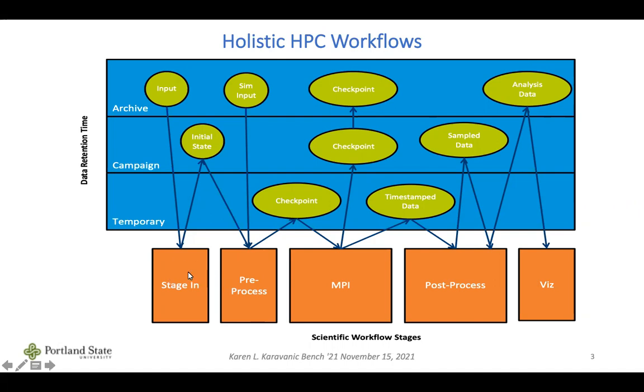The orange-brown boxes at the bottom show the different stages: staging in the data, pre-processing of the data, an MPI application that might be long-running, some post-processing analysis of the data, and finally, visualization. And what we're showing here is, in the green circles, the different data sets or subsets involved in this entire workflow, where the arrows represent copying or moving of the data.